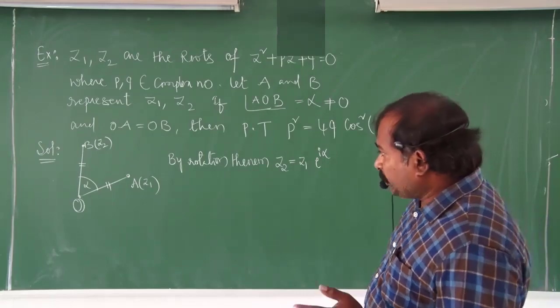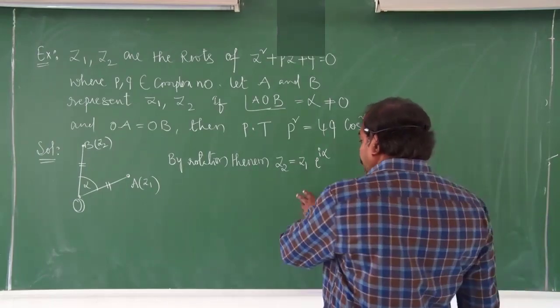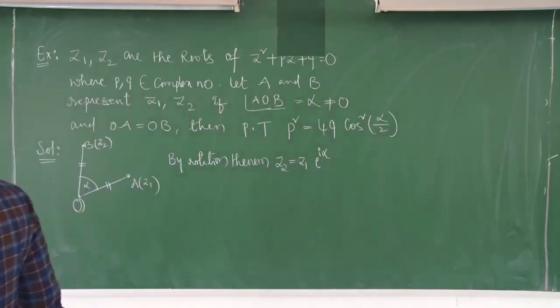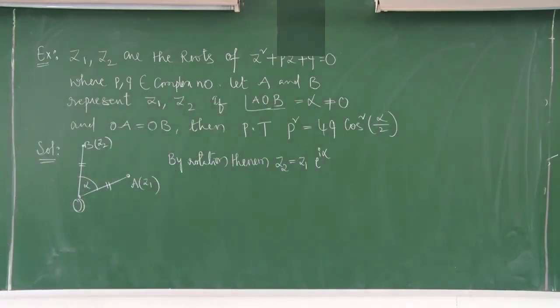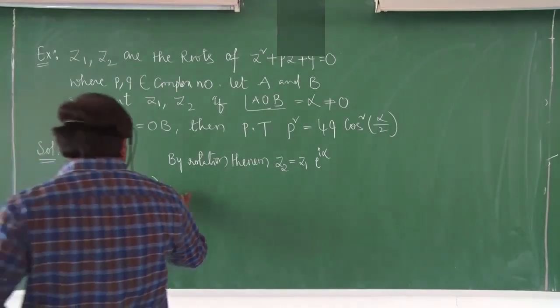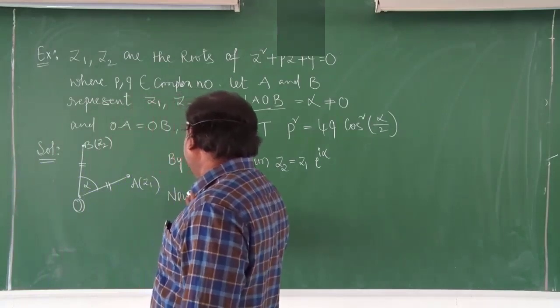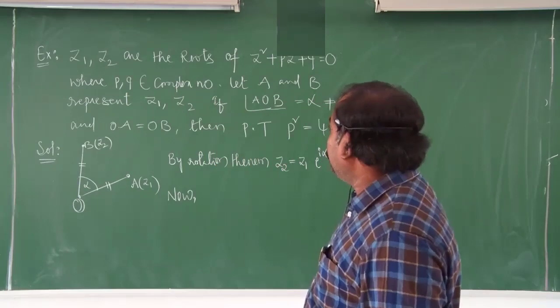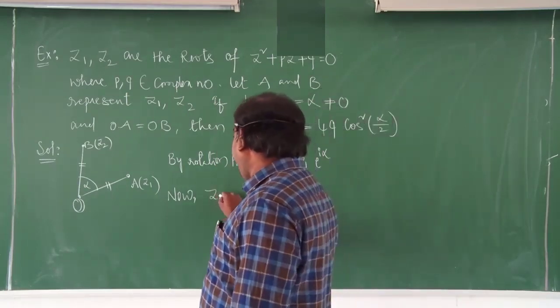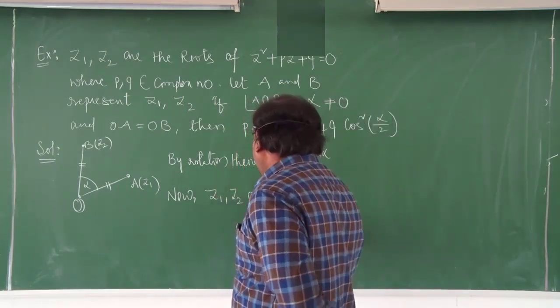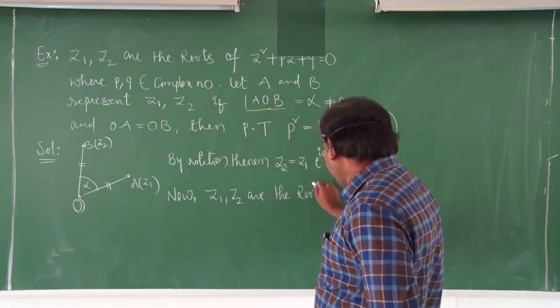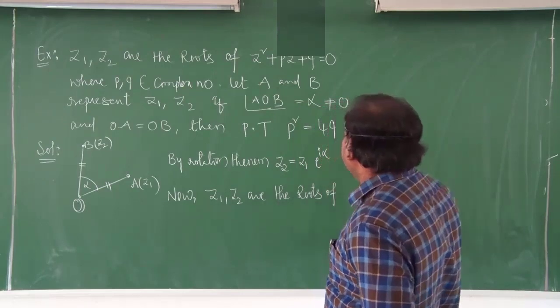So based on that rotation theorem, you will get Z2 equals Z1 into e power i alpha. You can use it anywhere. Okay, that is clear. Now we will observe the given data: Z1, Z2 are the roots of the equation.